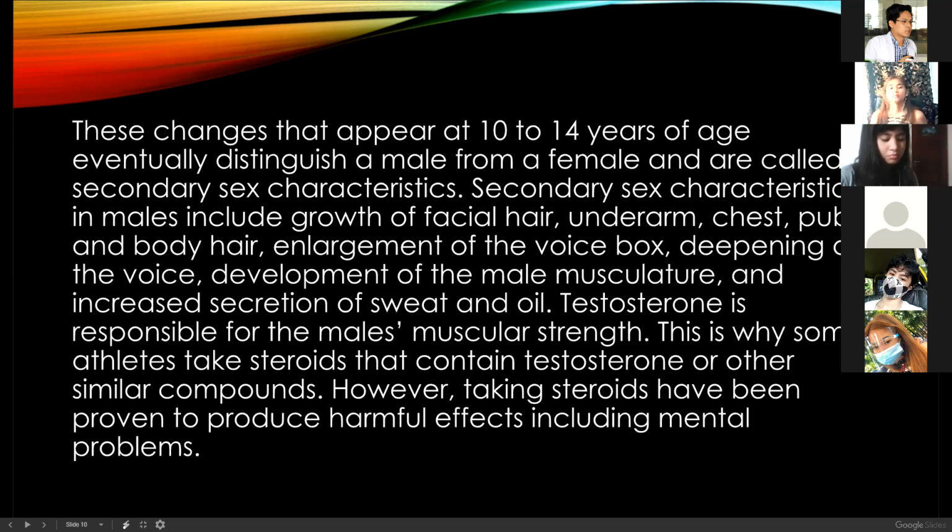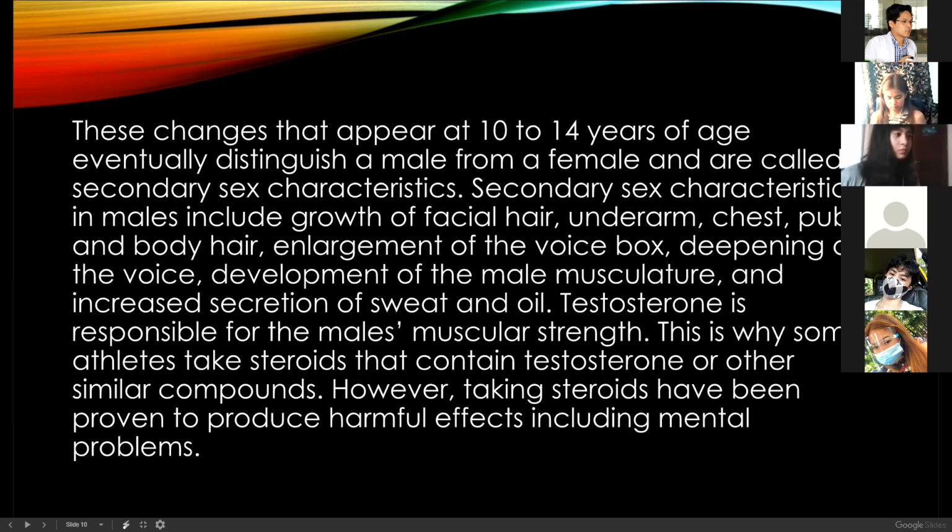This is the effect of the increased volume of testosterone. Testosterone is responsible for male muscular strength. This is why some athletes take steroids that contain testosterone or other similar compounds. However, taking steroids has been proven to produce harmful effects, including mental problems.